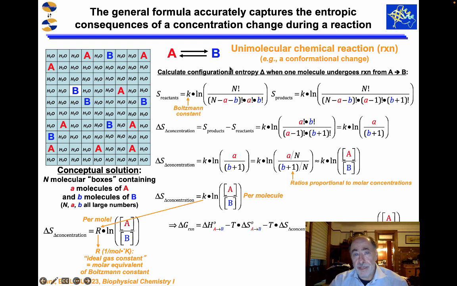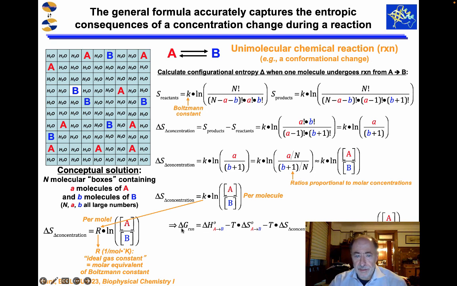For this unimolecular reaction, we have explicitly calculated the entropy of the concentration change, and it is negative. The delta S is R ln of the concentration of A over the concentration of B. In this case, A is the reactant, B is the product.